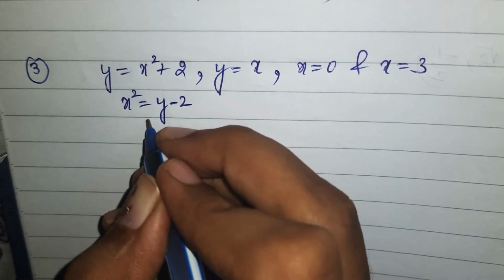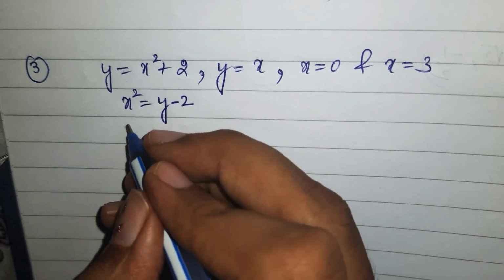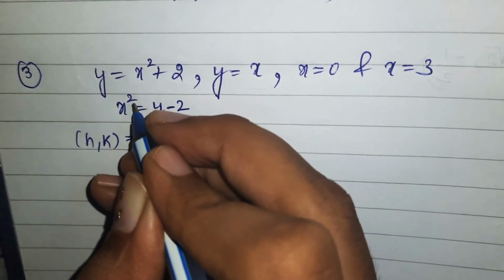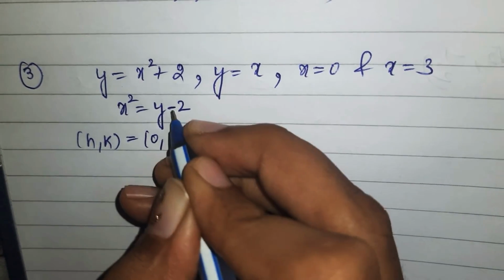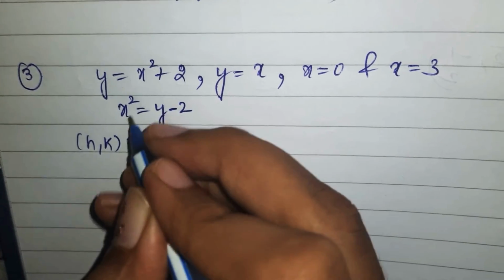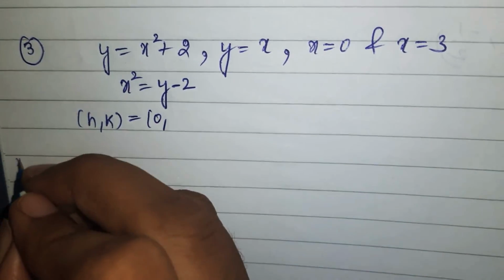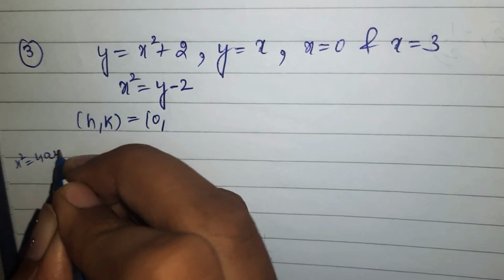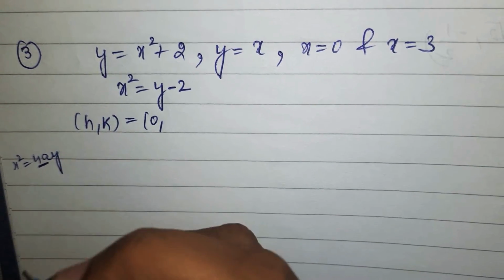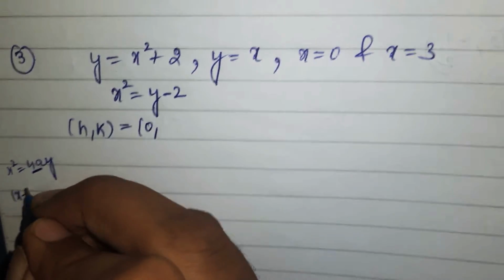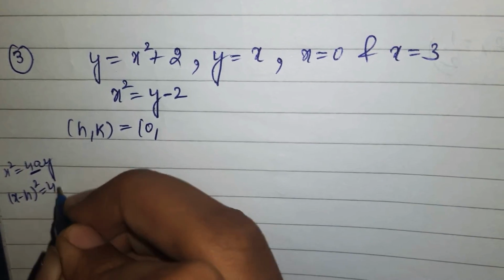This is your upward parabola. And here the vertex is x minus 0 square, h is 0, and y minus k, 4a something. The form is x square is equivalent to 4ay.